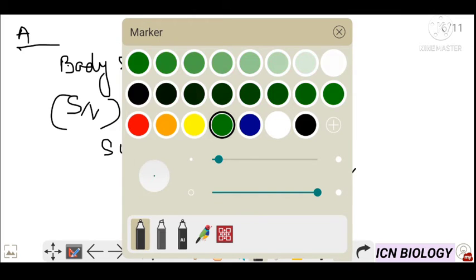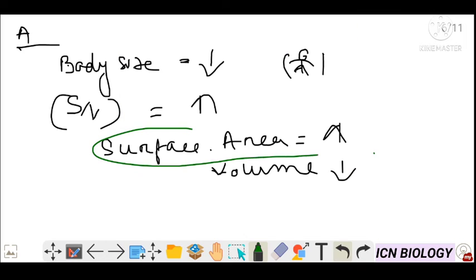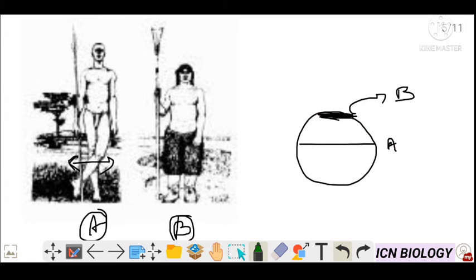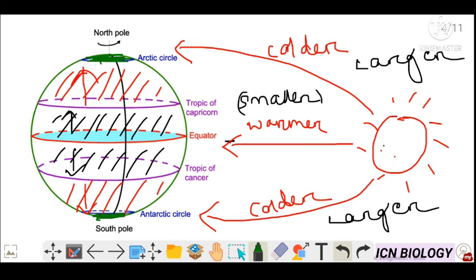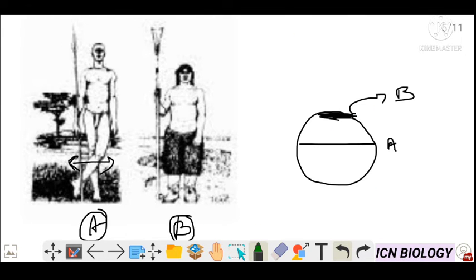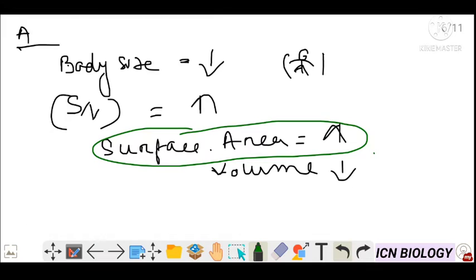Why do we need more surface area in case of A? The A is present in the equator, right? Why does it require more surface area?